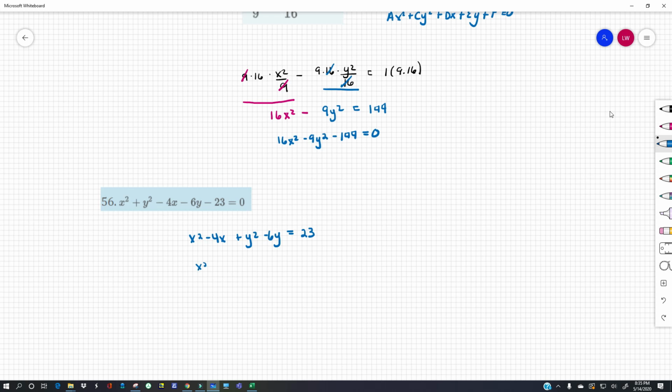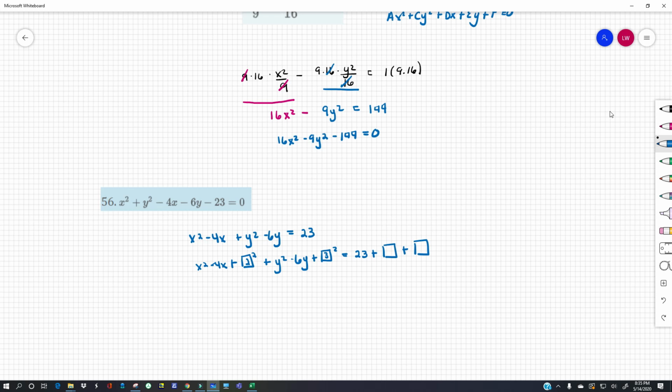So we've got x squared minus 4x. Now half of 4 is 2, so you're going to put 2 in the box and square it, right? Plus y squared minus 6y, and half of 6 is 3, so we're going to put 3 there and square it. So over on the right we're going to have 23 plus box, right?